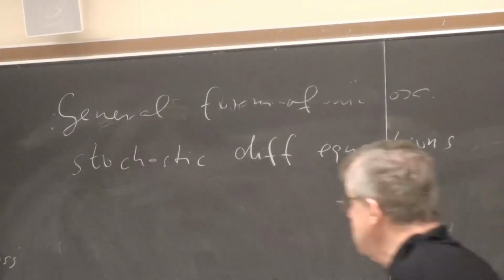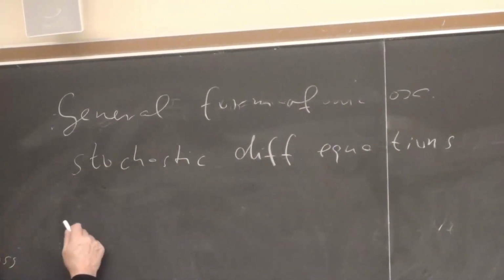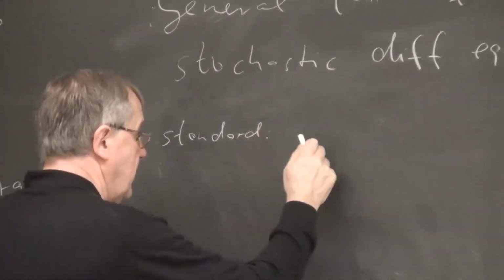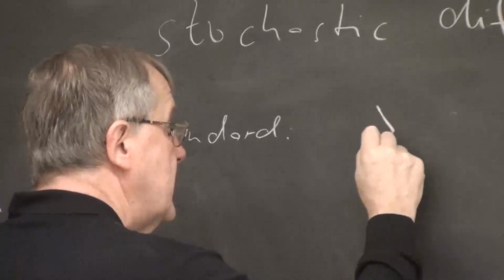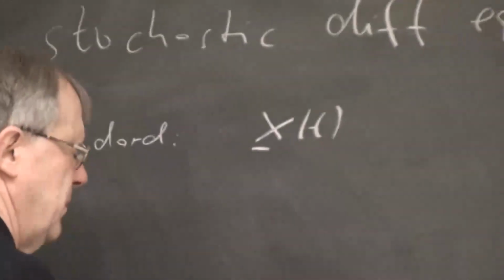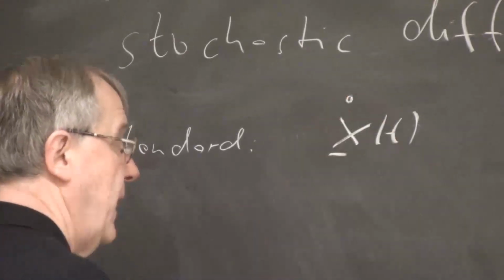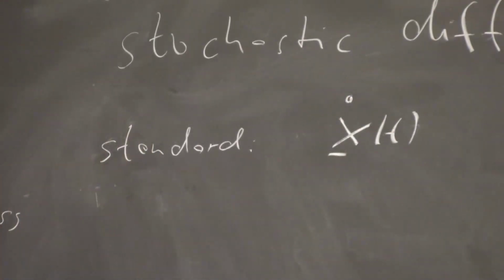The differential equation that we use is of the following standard form. We have a vector x that describes our variables, and then we take the time derivative of that. It can be a two-dimensional vector; in this case x has two components, one is q and one is q dot.